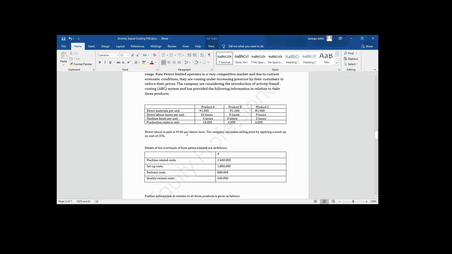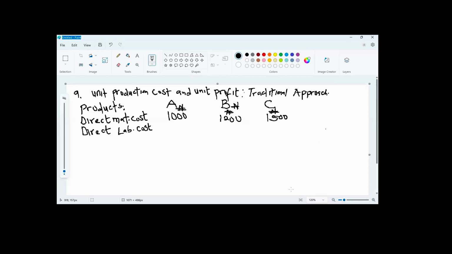No. So careful. He said 140 per labor hours. That means I will now go and task myself: how many labor hours are required to produce a unit of product A? Look at this line. 10 hours for product A, 8 hours for product B, 9 hours for product C. We now go back to our workings. We create a small space here.